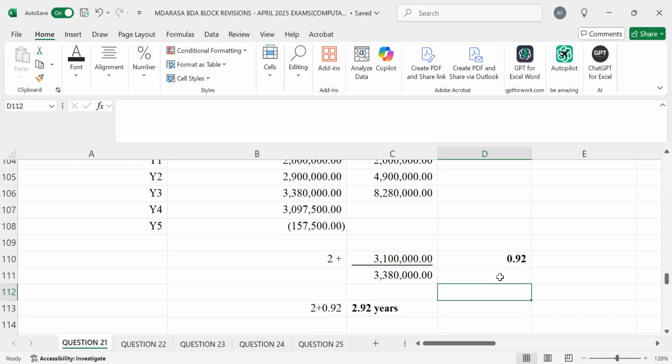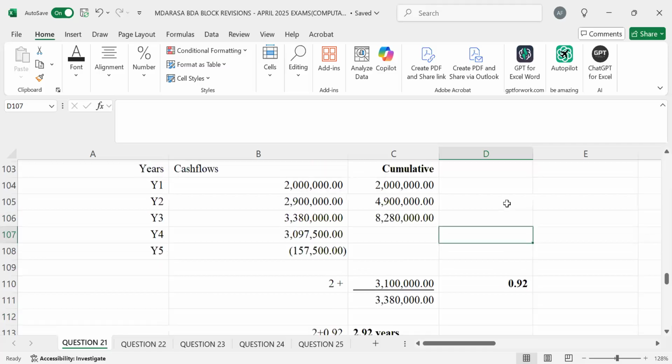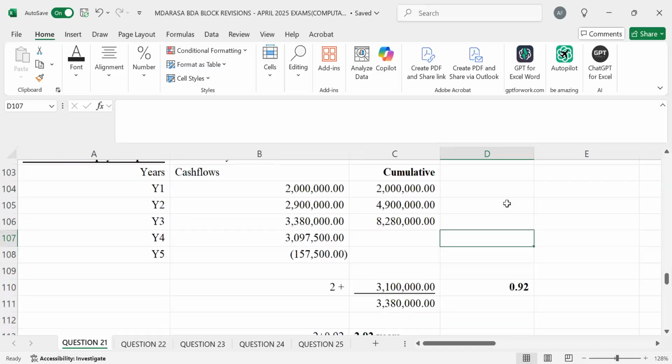Very important to note, that is the non-discounted payback.